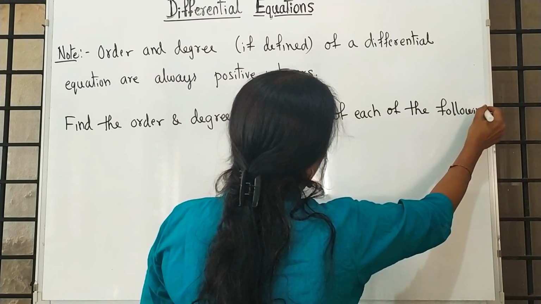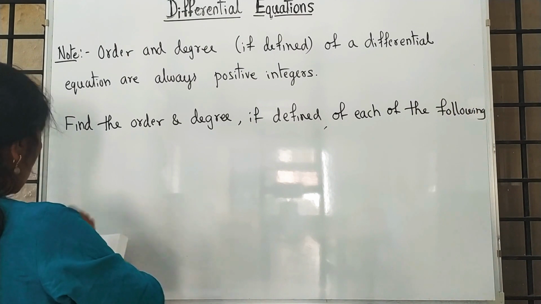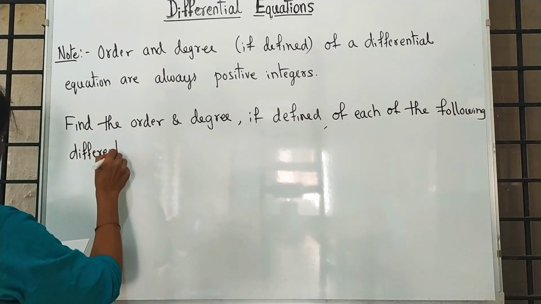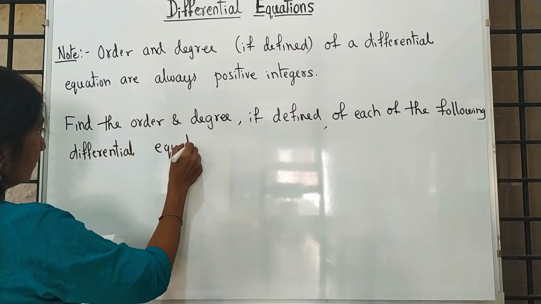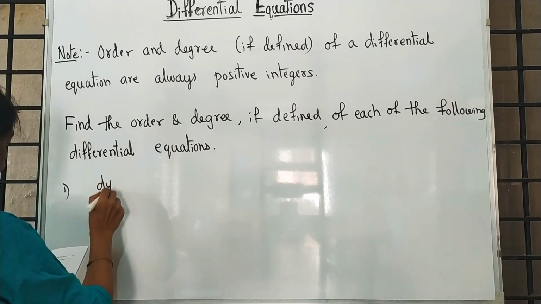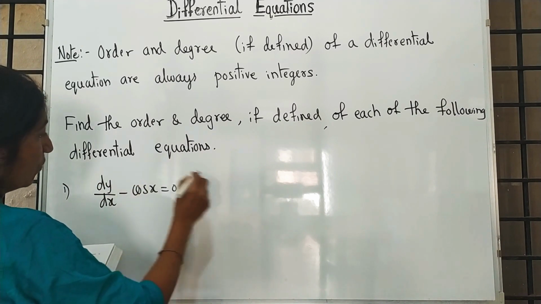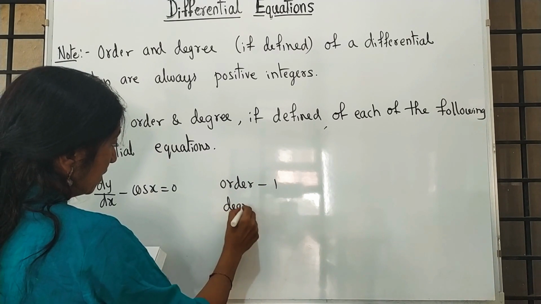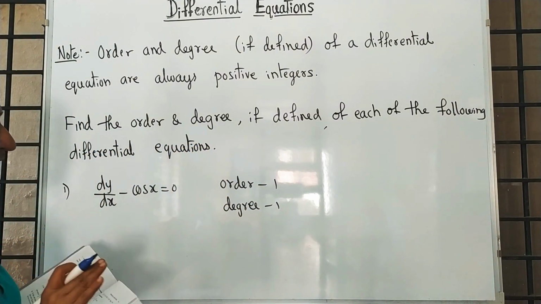I am giving you the worked example and exercise from NCERT, exercise 9.1. First problem, dy upon dx minus cos x is equal to 0. Order is 1, degree is also 1, and don't think it is a minus 1, I just put a dash.